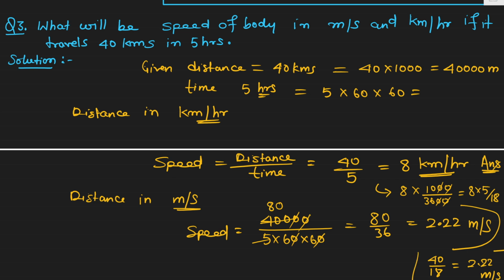In this way, if we directly multiply by the conversion factor 5 upon 18, kilometer per hour converts to meter per second.